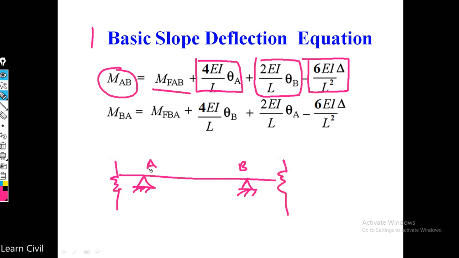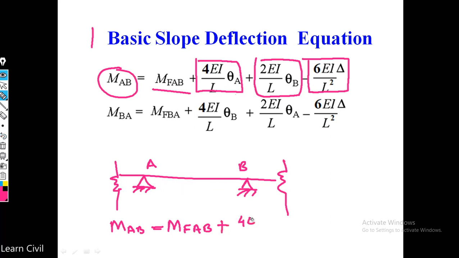Now for this beam AB, MAB will be the sum of the fixed end moment MFAB plus the moment which is developed due to rotation at joint A. Let us consider this rotation is theta A. For this rotation theta A, whatever moment is required will be equal to 4 EI theta A upon L.